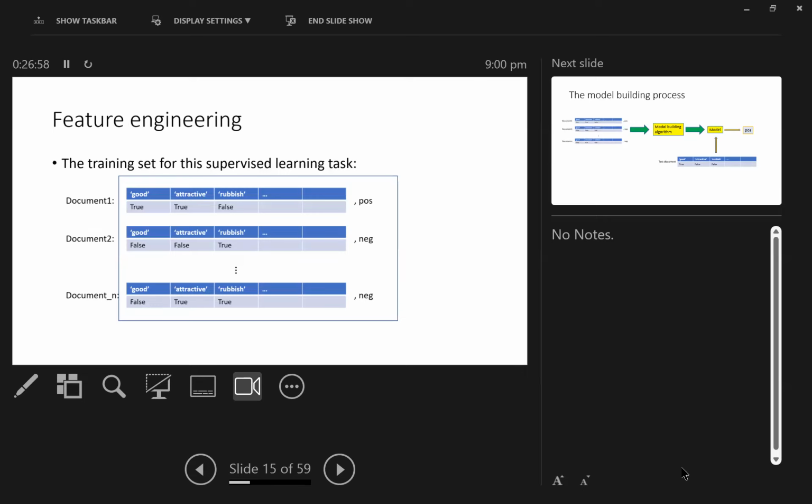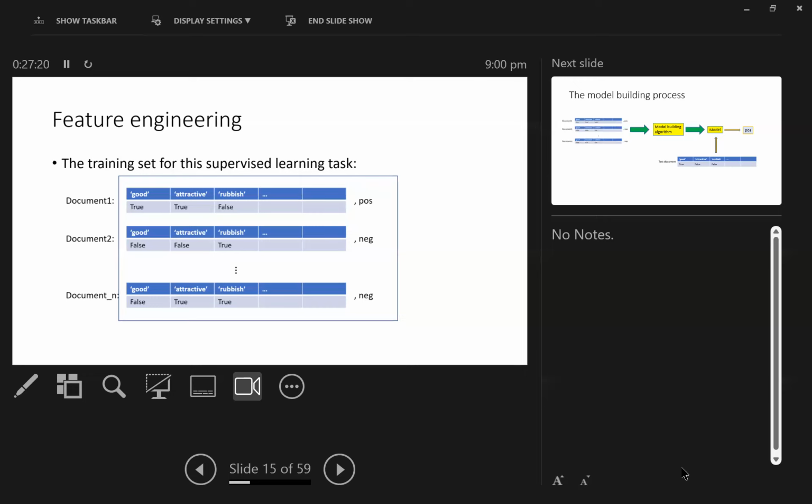Now, once we have this idea of how to implement it, one way is just the counting. But we can also apply this idea together with a machine learning technique, to mix them together.